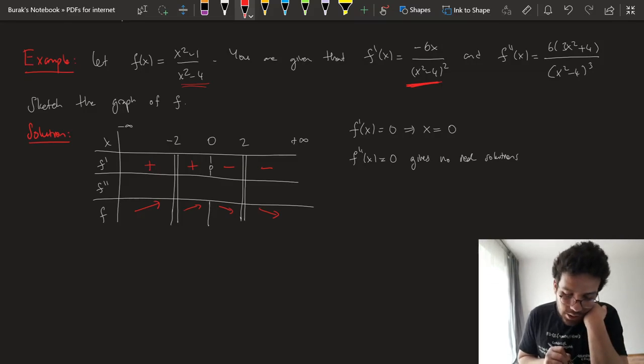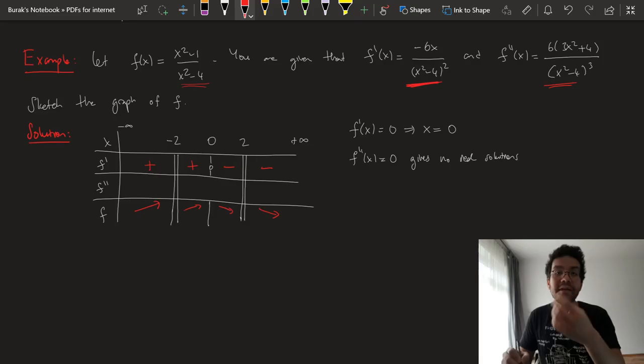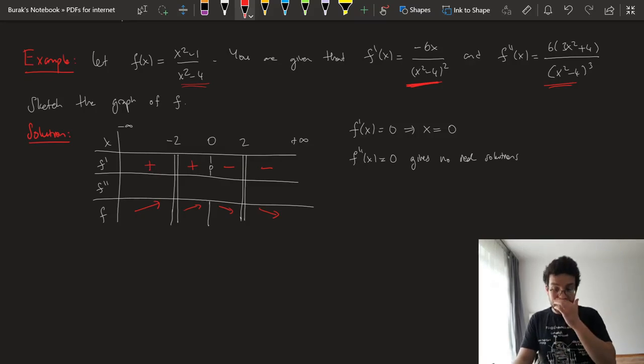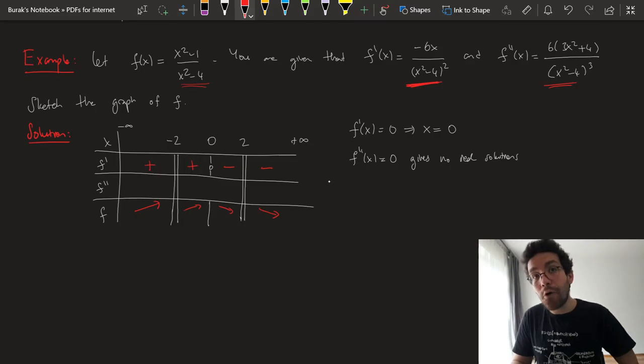Good. What about f double prime? Now, you may think that because there are no points which make the second derivative of f 0, its sign should always be the same. That's not necessarily the case. You see, this denominator will actually make a difference. How? If x is less than minus 2, x squared minus 4 is positive, so its cube is positive.